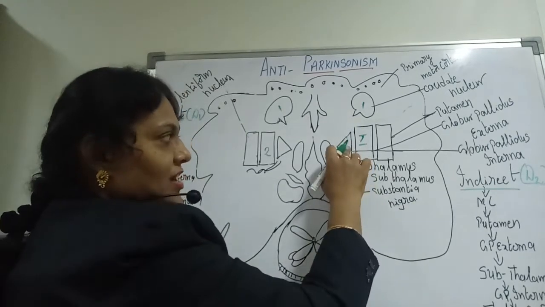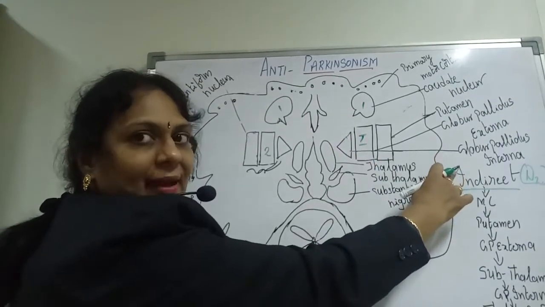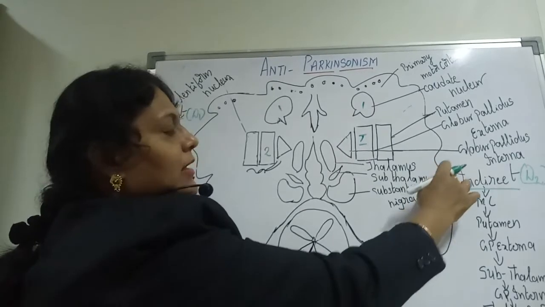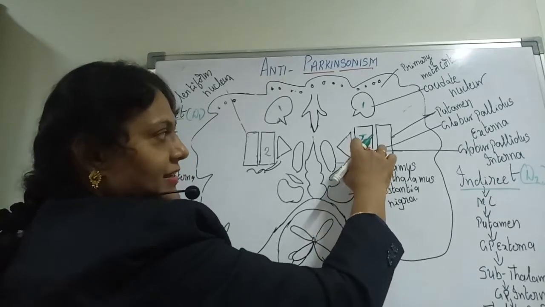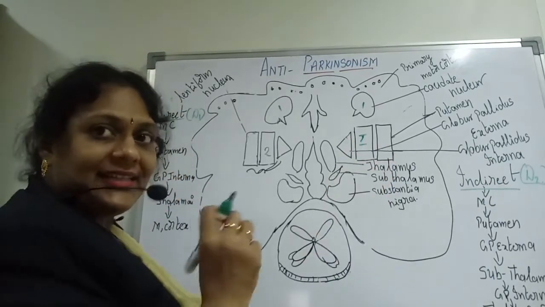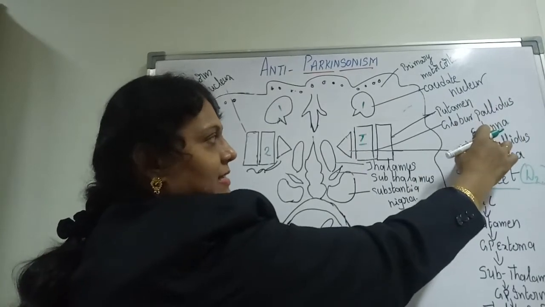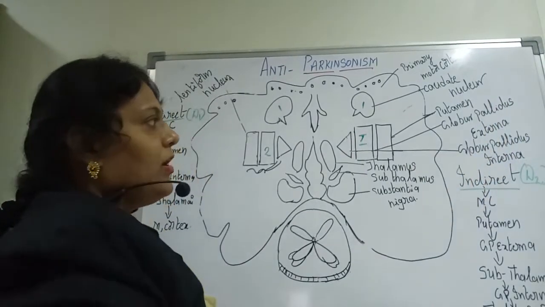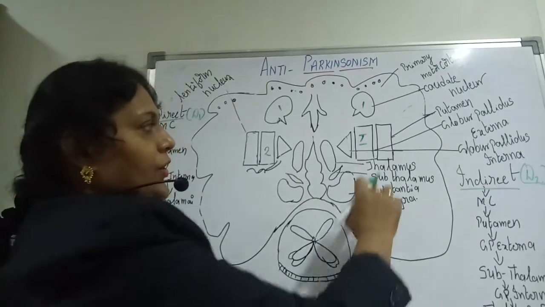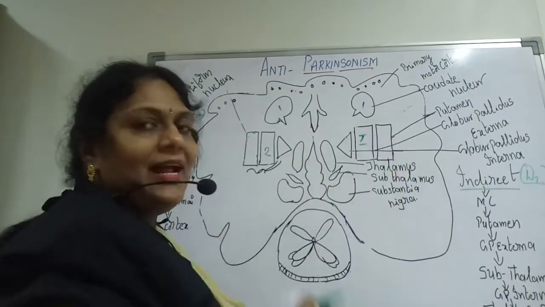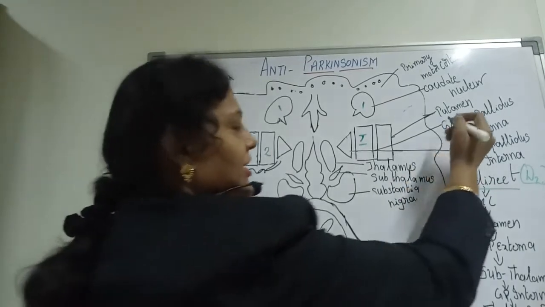The one which is triangular in shape is the globus pallidus interna, and just below your triangle, you have one rectangle, which is the globus pallidus externa. And just below your globus pallidus externa, you have one more triangle, and that is called the putamen. I have indicated it here.